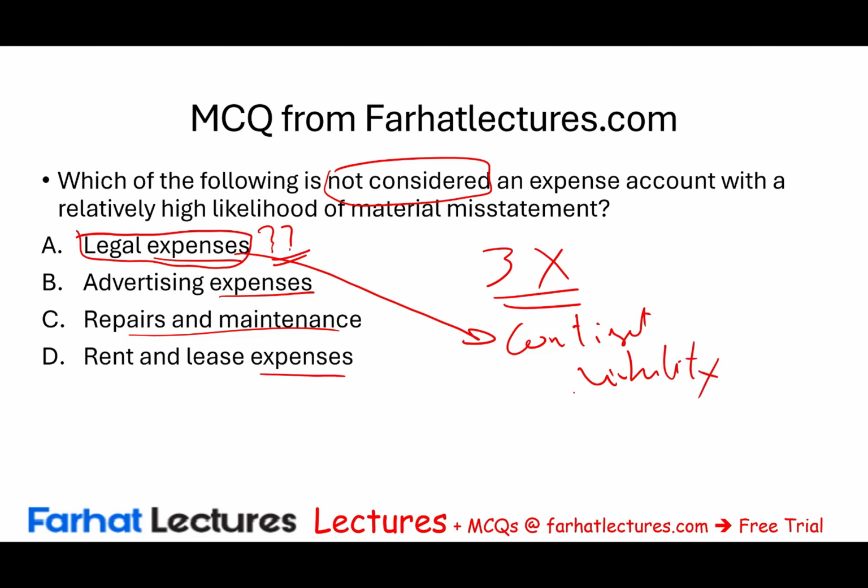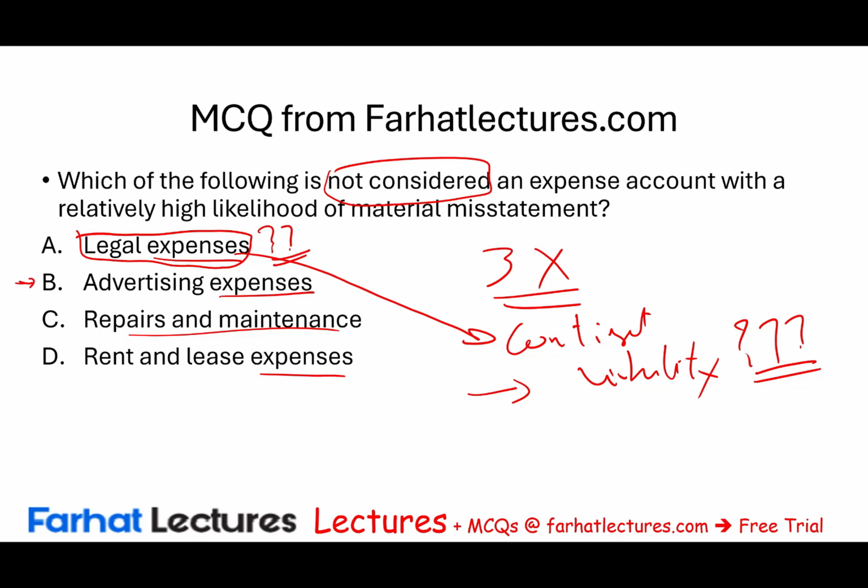Remember, if we have a liability like a lawsuit, how do we know this? We would look and see if we have any legal fees. If we have any legal fees, we need to ask, what are the legal fees for? If there's a lawsuit going on, then we have another issue to deal with. So legal expense could be subject to misstatement, high likelihood of material misstatement. So A, for now, I didn't look at the other ones.